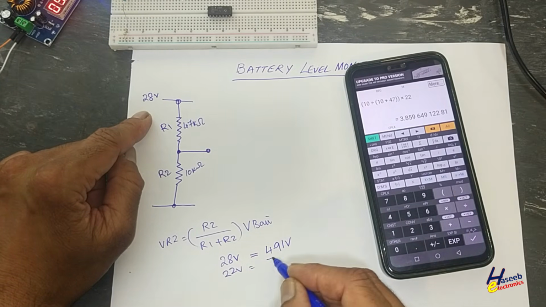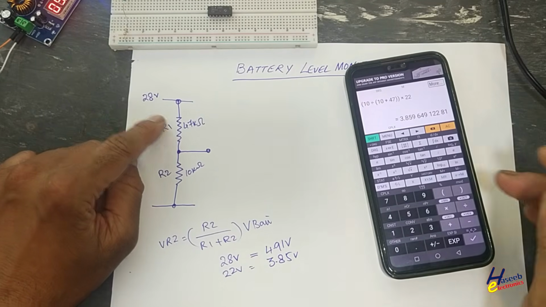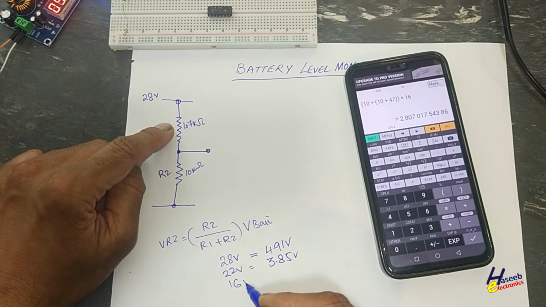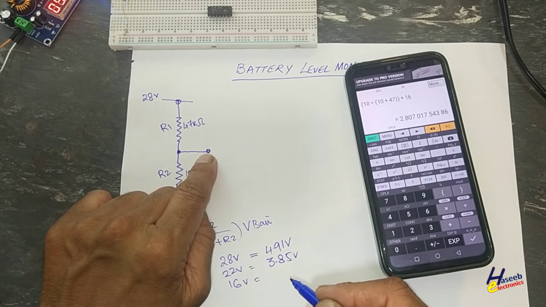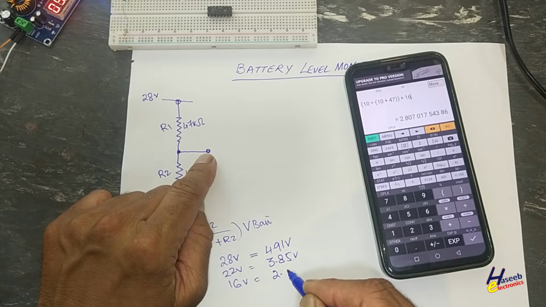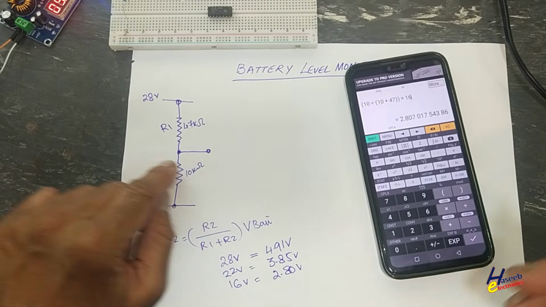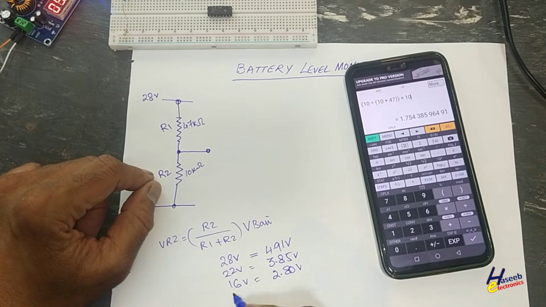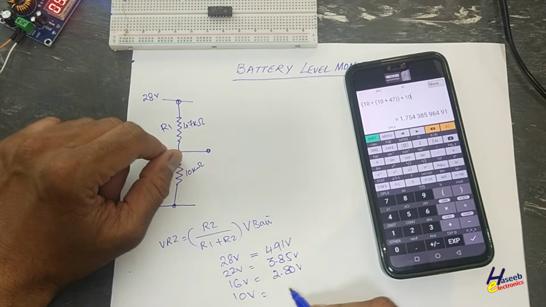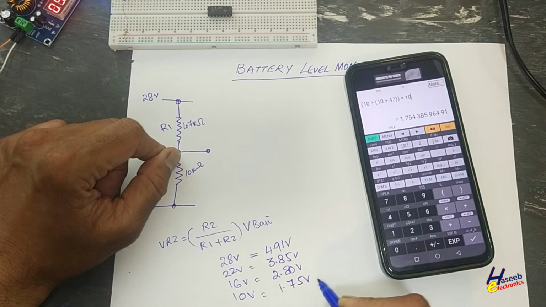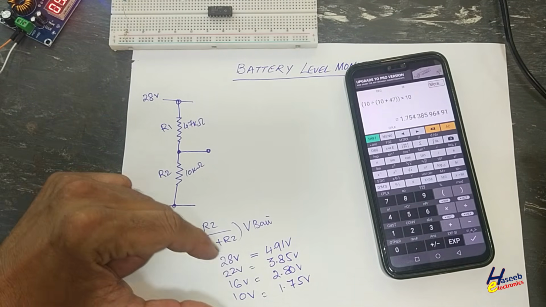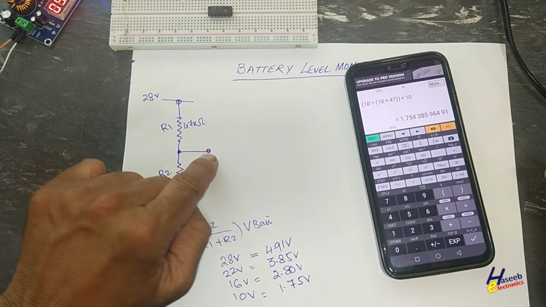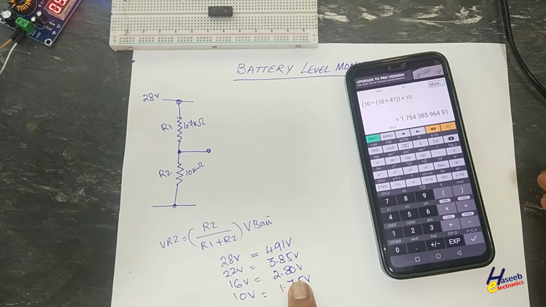It is 3.85. If we have voltage 16 volts, at that time this point will be 2.80 volts. Let's suppose minimum level 10 volts, we will receive 1.75 volts. So it is scaling method. At different voltage values we will receive these voltages.